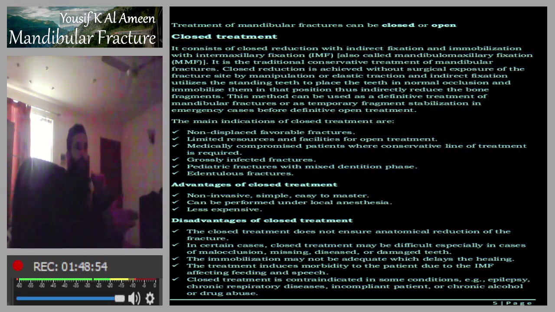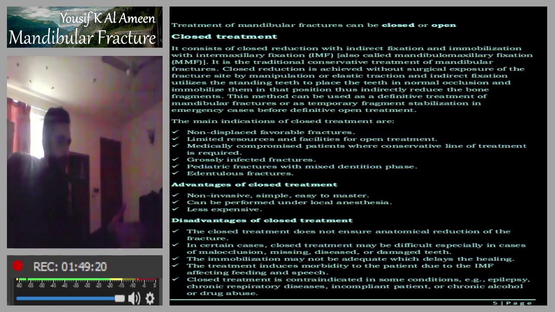What are the disadvantages? Here we can see the disadvantages of closed treatment. The closed treatment does not ensure anatomic reduction of the fracture.